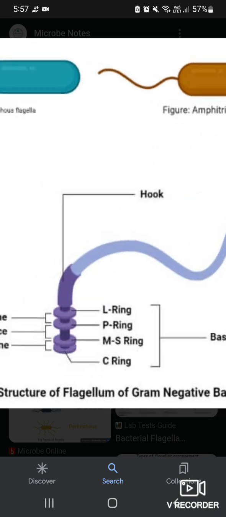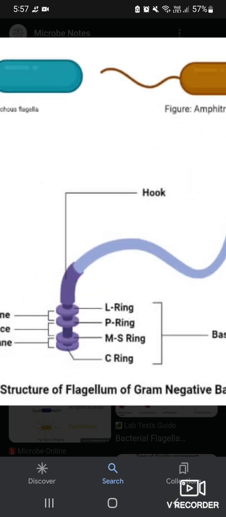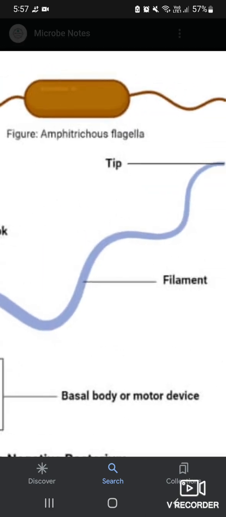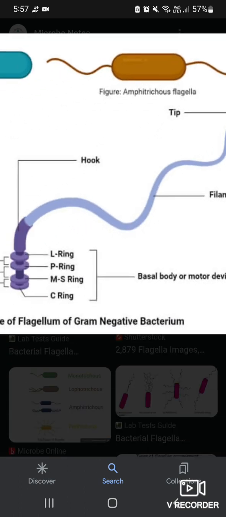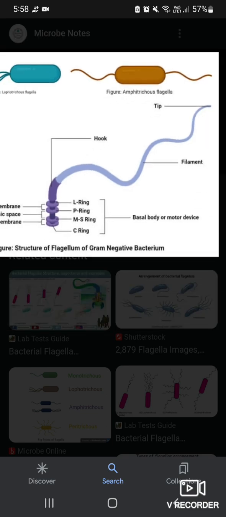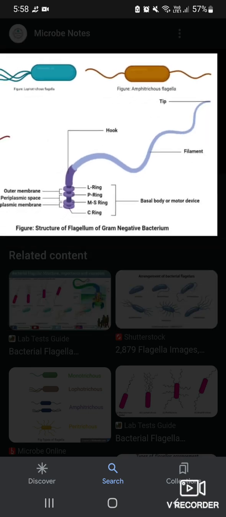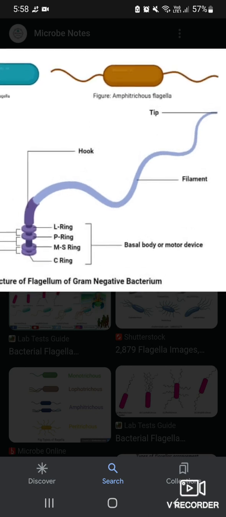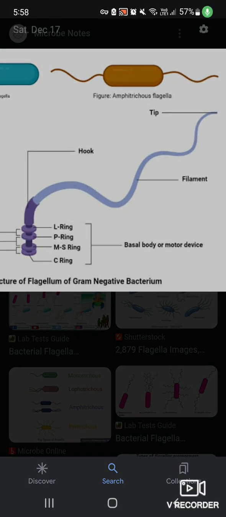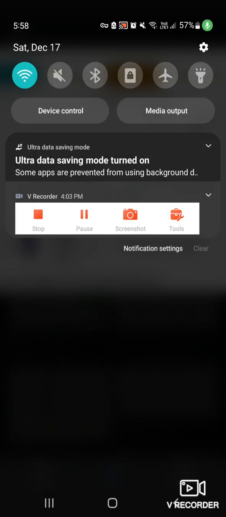So here, this part we have the hook, then moving on to the filament, and then we have the basal body at the base. Okay, so now that I've shown you the structure, we can go back and learn the proper parts.